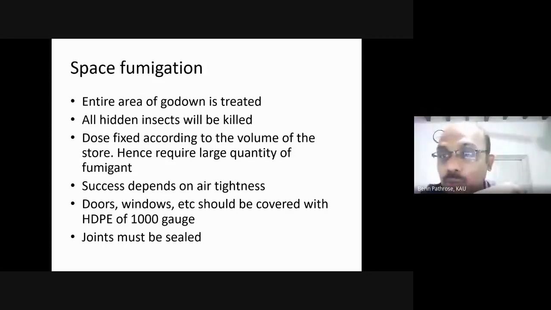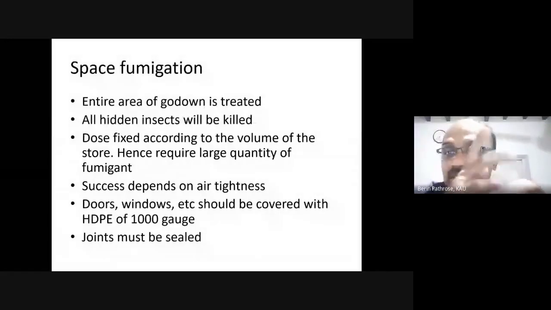I will measure the volume of the room, and I calculate the dose of the fumigant based on the volume of the room, not based on the number of bags of grain I have kept or the weight of the grain, because I am fumigating the entire room.